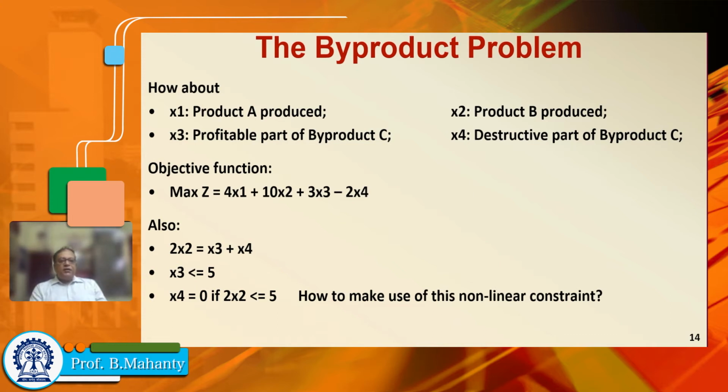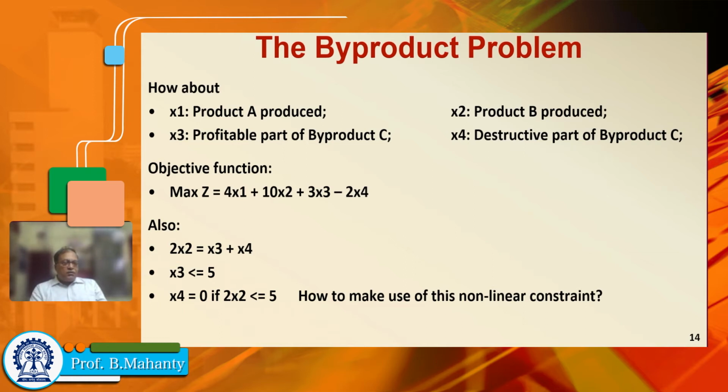So basically, what we have to ensure is that x4 should be 0 if 2x2 is less than equal to 5. As long as x3 is less than equal to 5, x4 should be 0. Now the question is, how do we ensure that?